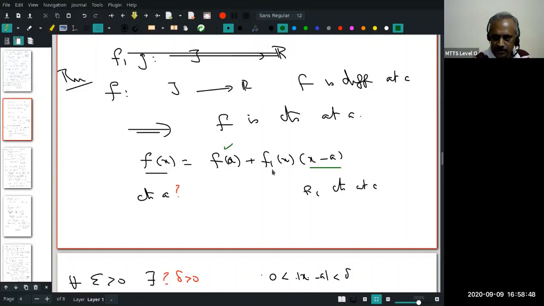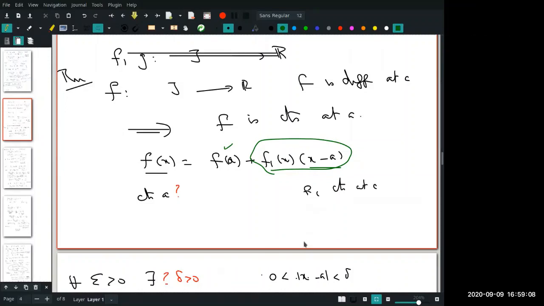Therefore, this is continuous at a. And sum of continuous functions is continuous. Therefore, this right side function is continuous at a. That means my f is continuous at a. How many of you understood this proof? I have understood, sir. Very good.